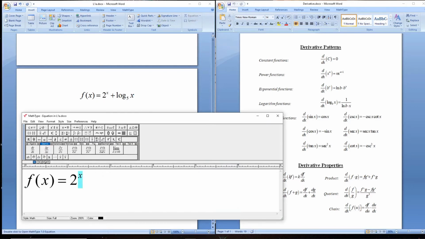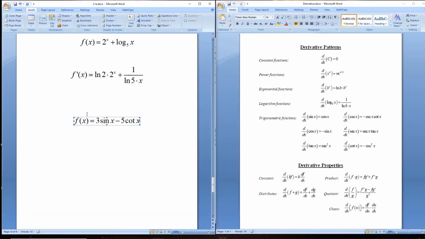What about some of these trig functions? So let's say we have this trig function here. Well, how are you going to know how to do this? Because you're going to burn these patterns into your brain for as long as you're going to be doing calculus.